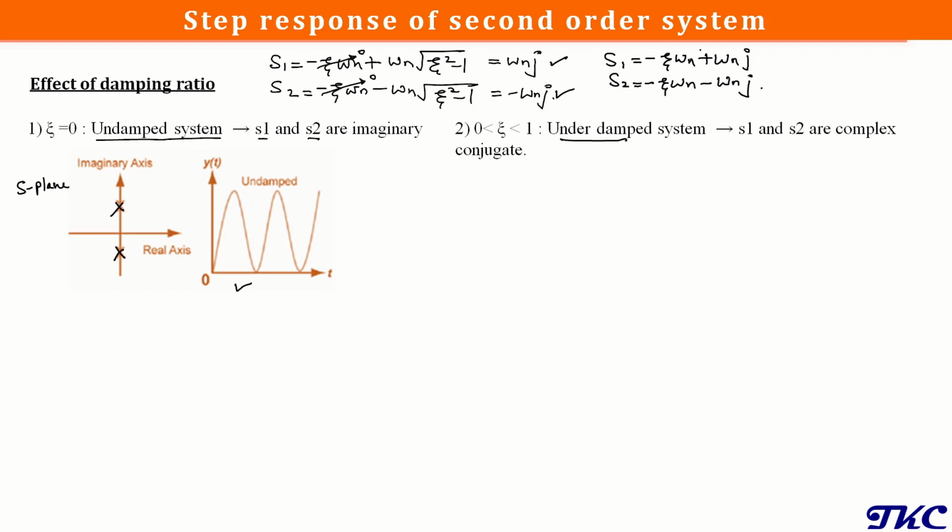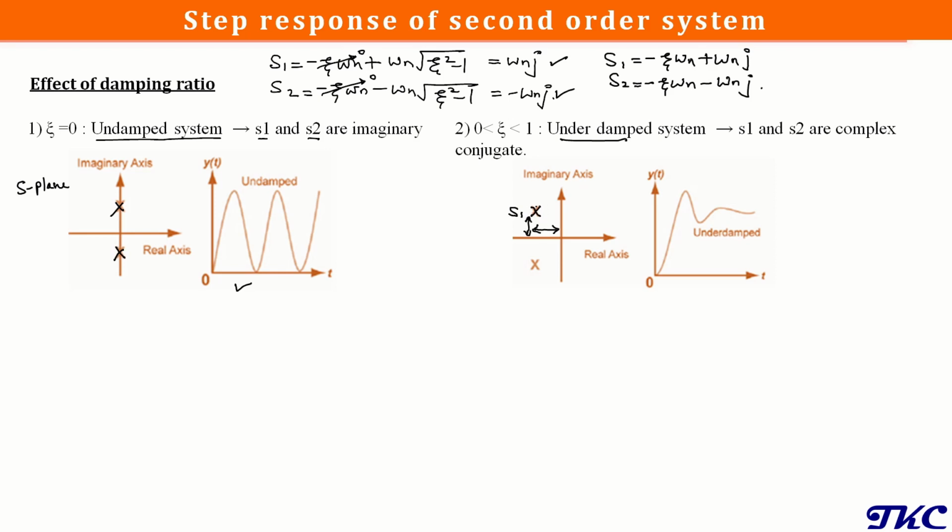From this root we can say that whenever we have zeta for any system lying between 0 and 1, it is going to give us the roots of that system as complex conjugates, and that we can plot in the S plane in this way. So say this is S1, this is the pole, so it will have both values, the real value along the real axis as well as the imaginary value along the y axis.